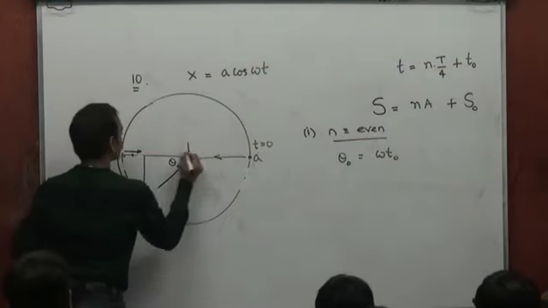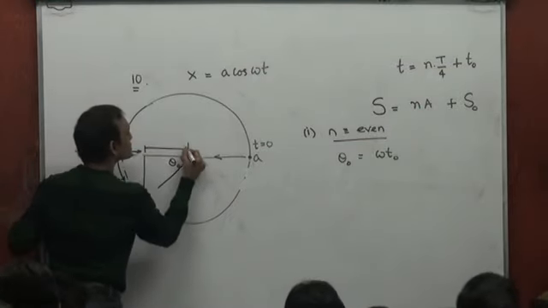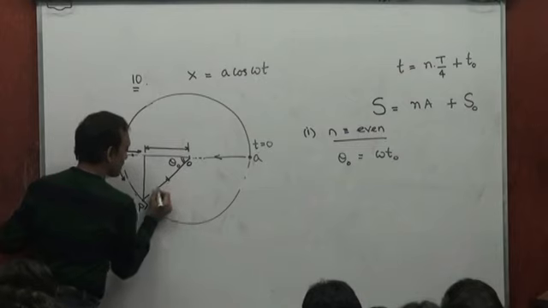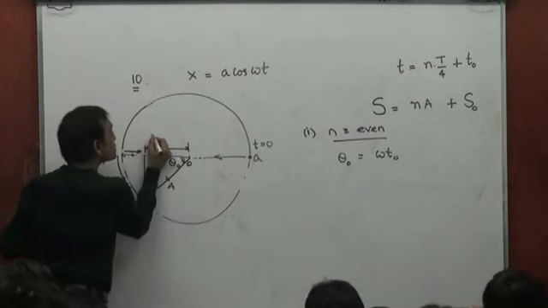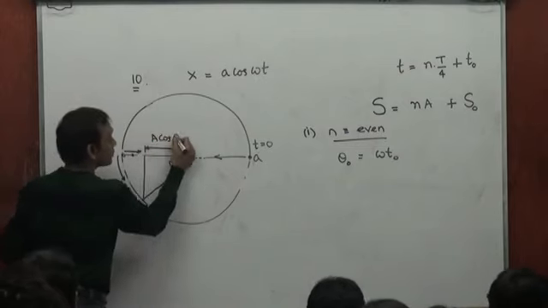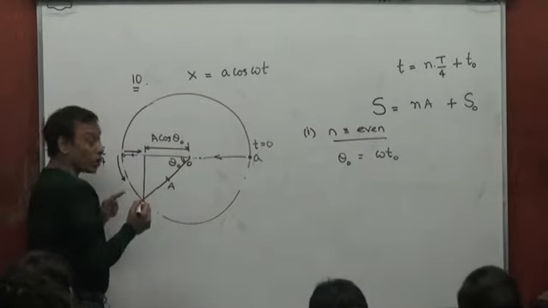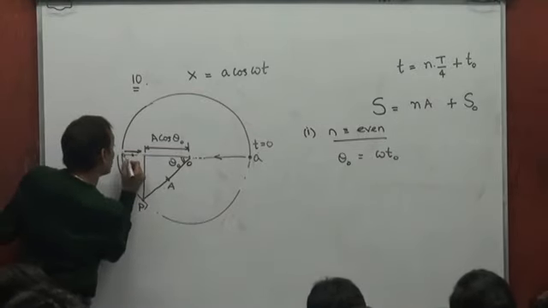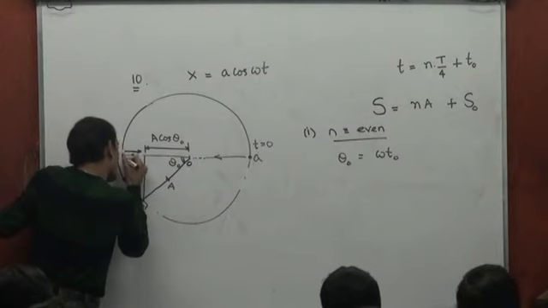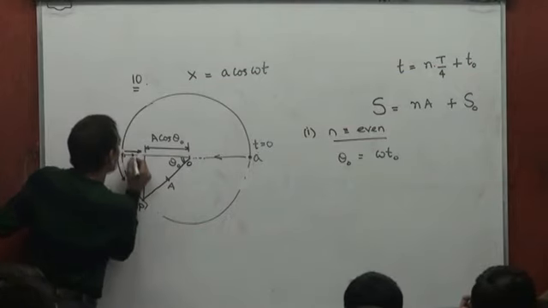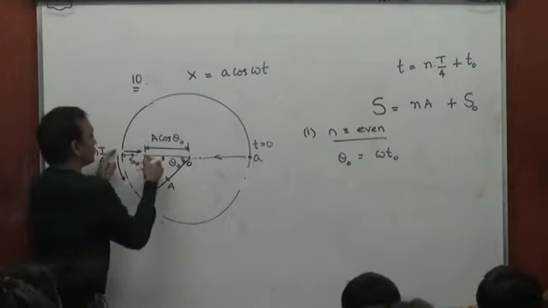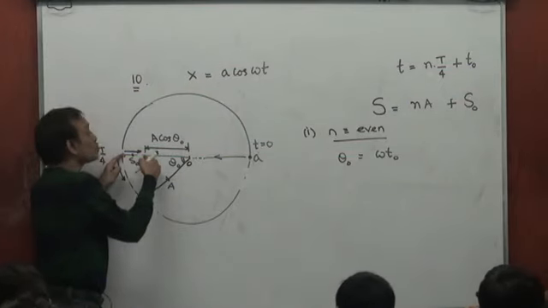Therefore, this distance, this is A, so this distance would be A cos theta naught. But the distance travelled by the oscillator, while the auxiliary particle reaches here, is this S naught. So what is S naught?